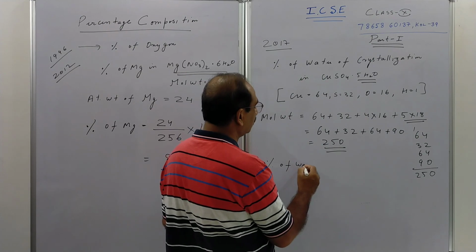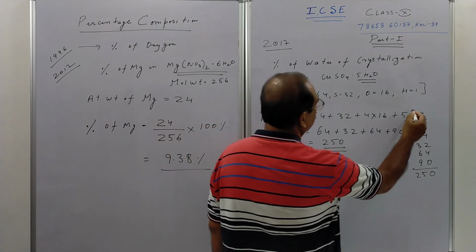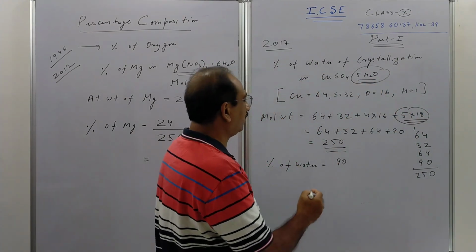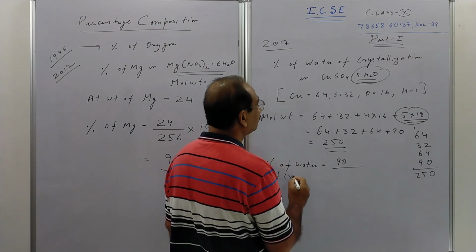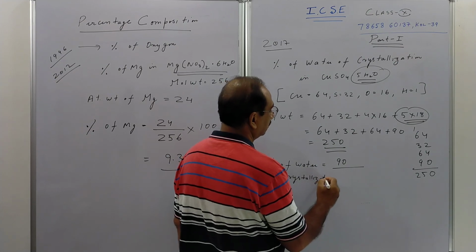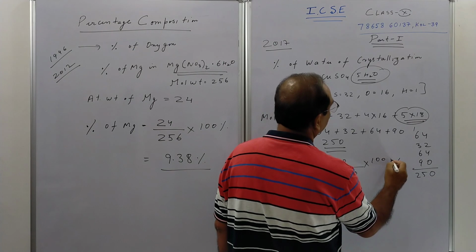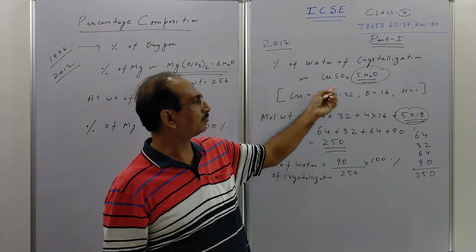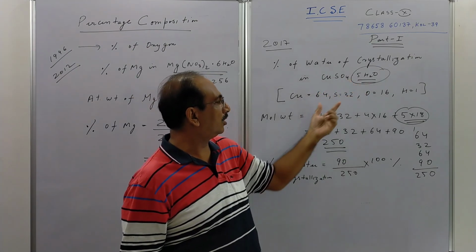So the percentage of water of crystallization is 5 into 18, which is 90, by 250 into 100%. So in this particular molecule, copper sulfate pentahydrate, what percentage of water is there?